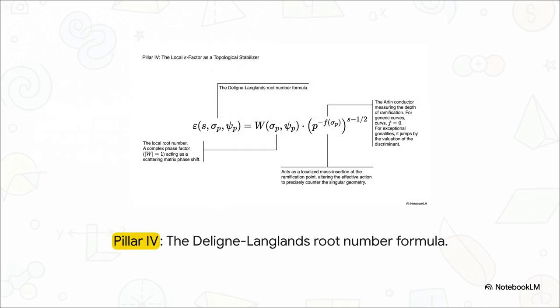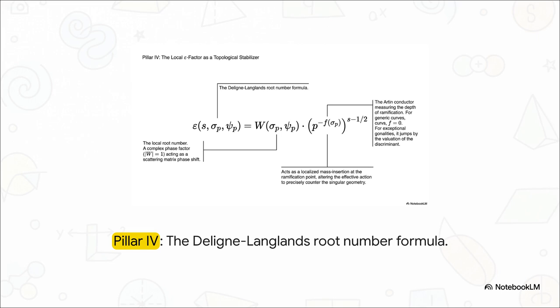This is where we break down the Adelic Langlands root number formula. Here, the local epsilon factor acts as our topological stabilizer. The W term is the local root number, functioning as a complex scattering matrix phase shift. Meanwhile, the scaling power, p to the negative f of sigma p, acts as a localized mass insertion to precisely counter the singular geometry we just talked about.